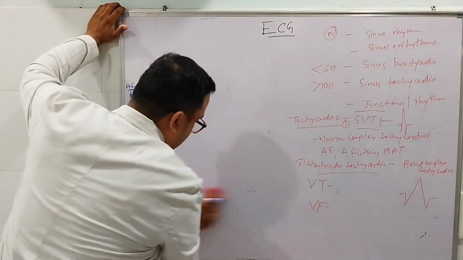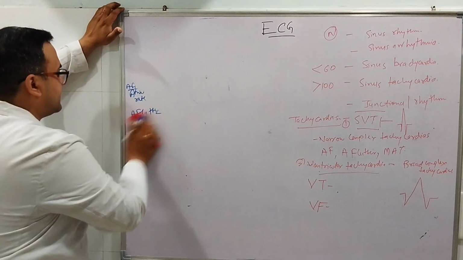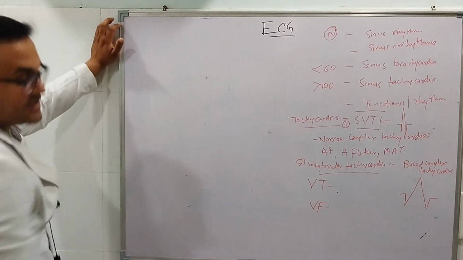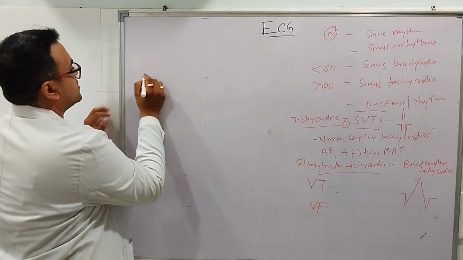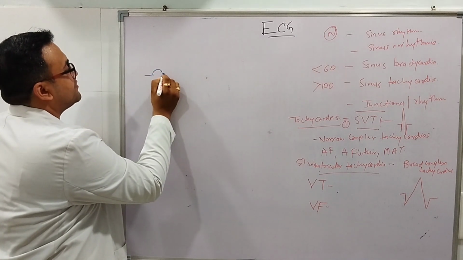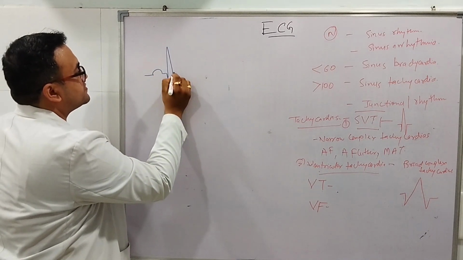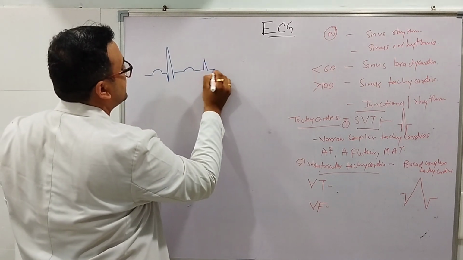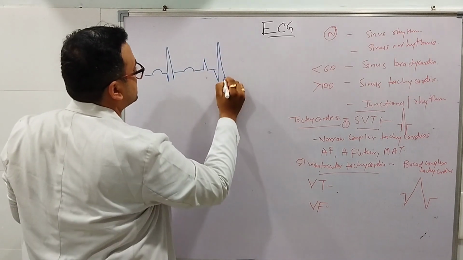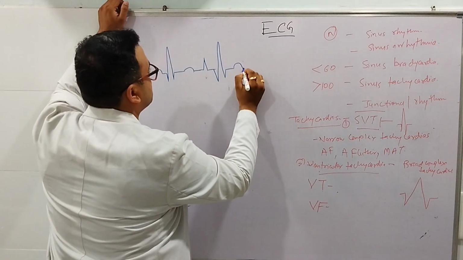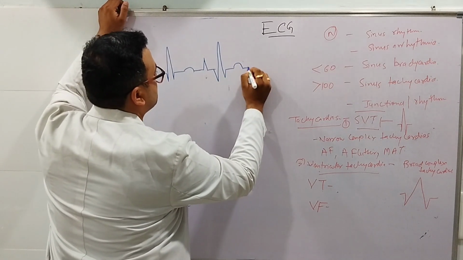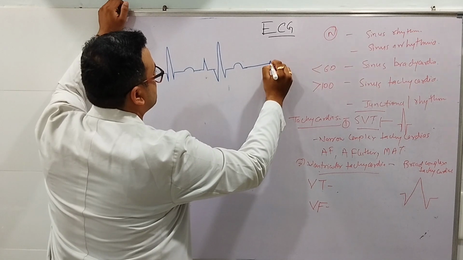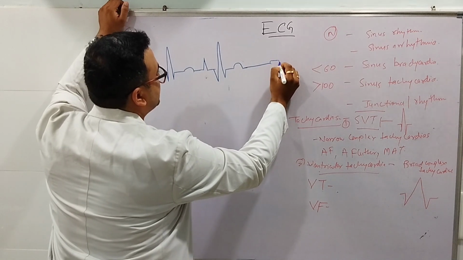Sometimes we see ECGs where the RR interval is irregular, P waves are present, and the P wave morphology is different. This is a P wave. This is a P wave.